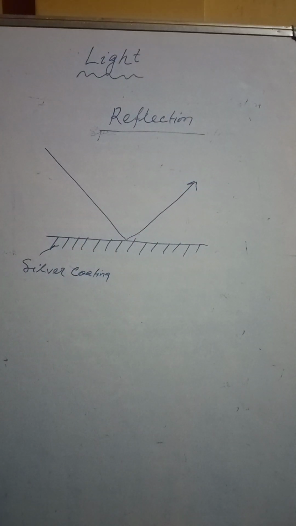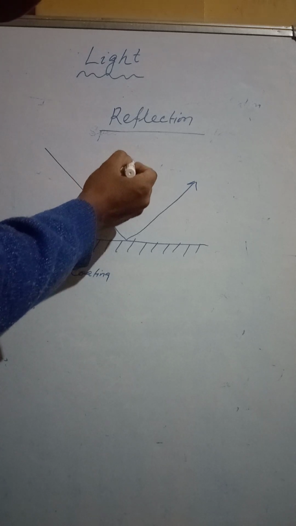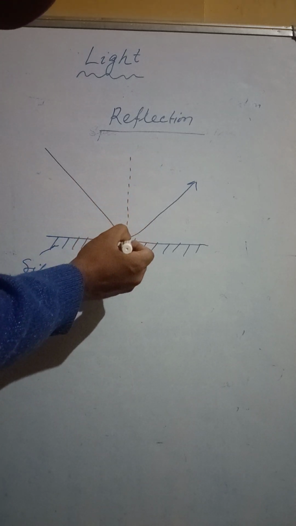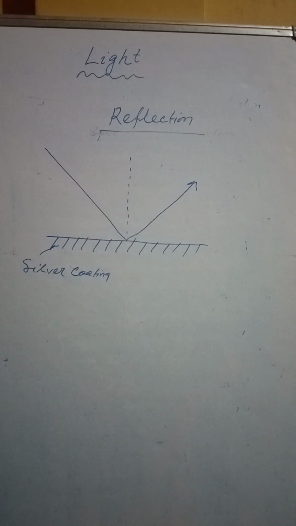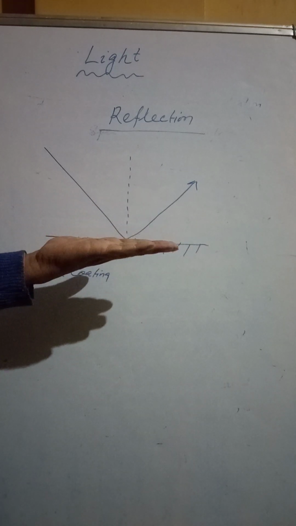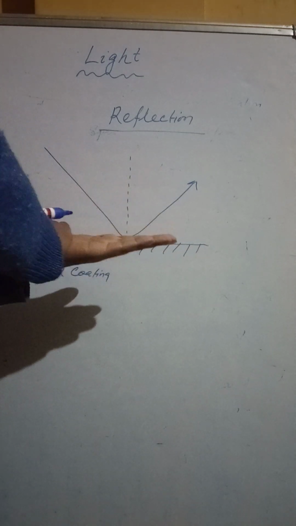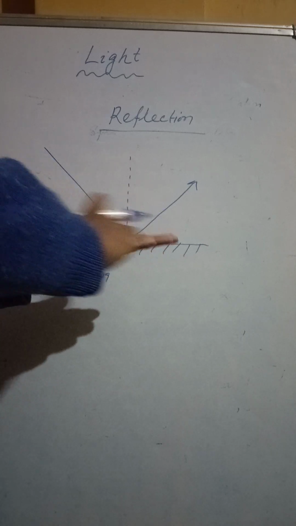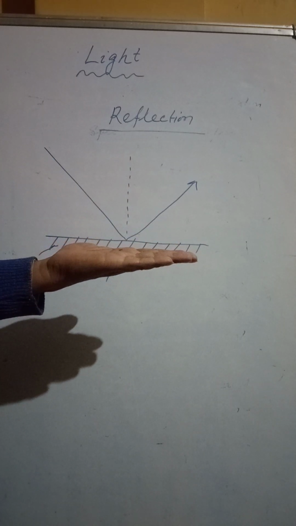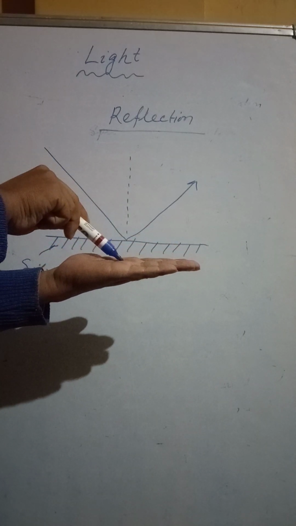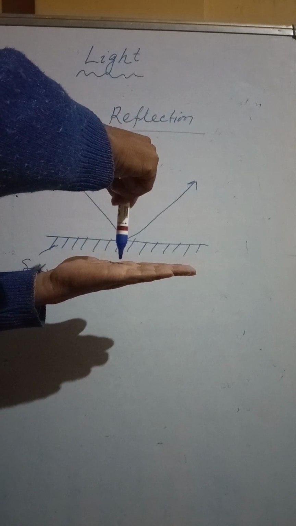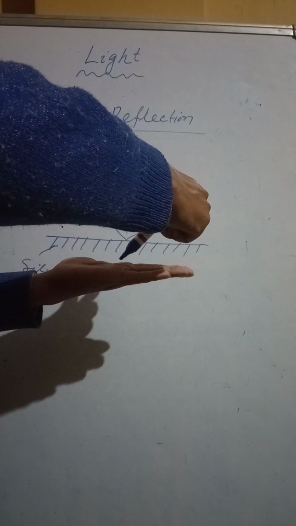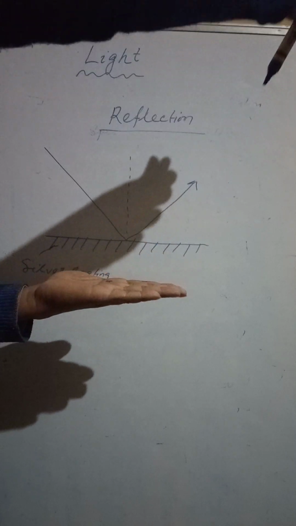This is the normal of the mirror. This is the mirror plane. My palm is a mirror plane, so the incident ray is coming in this direction. This is the normal to the mirror, and the reflected ray is going in this direction.